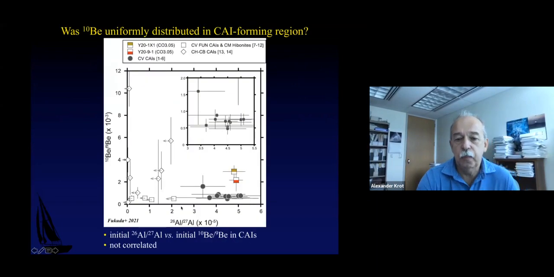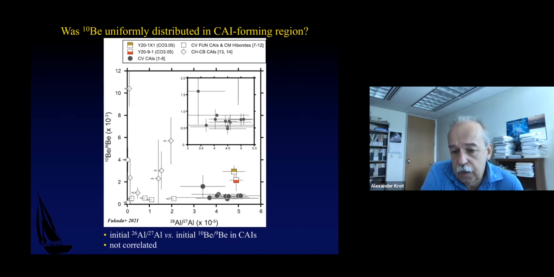Okay, but let me show you what the problem is with the beryllium-boron system. This is the graph from the Fukuda paper. What is plotted here? The initial aluminum-26/27 ratio for CAIs is along the x-axis versus the beryllium-10/beryllium-9 ratio along the y-axis.